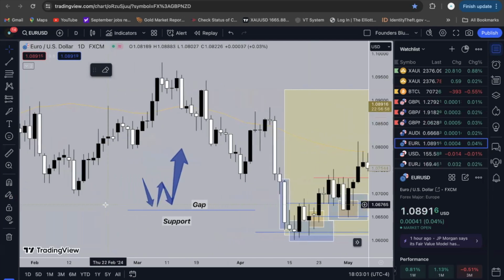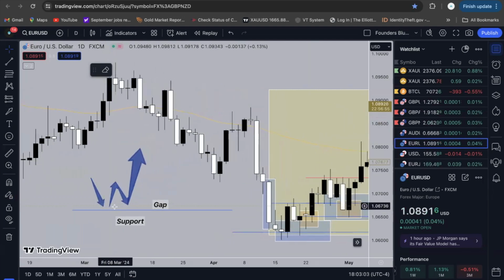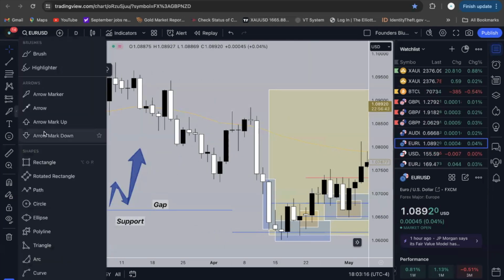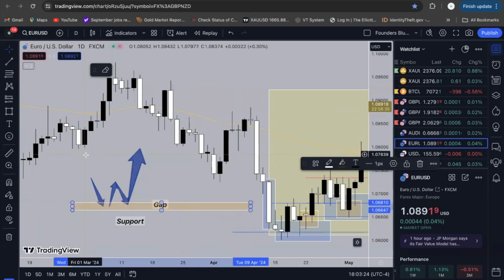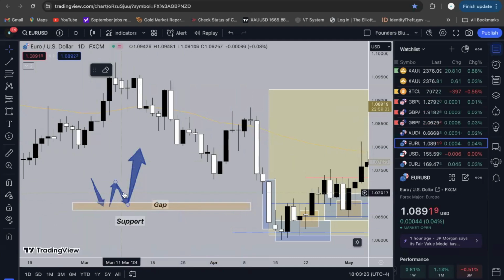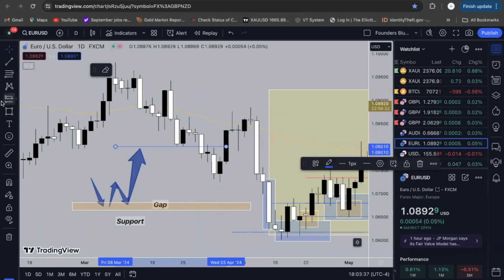So we'll see situations like that where it was pushing towards this level of support, but it never came and interacted with it. Buyers were in this whole range right here. That was support right there. In some cases, we're going to see the markets create gaps from levels of support or resistance. It can be the same scenario.